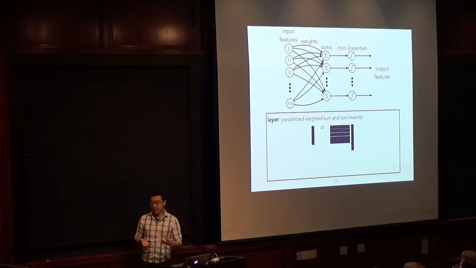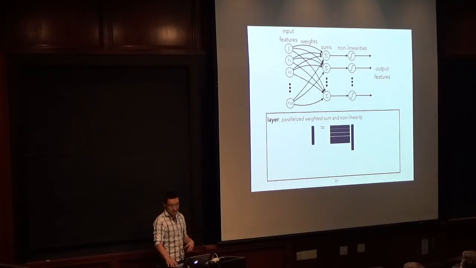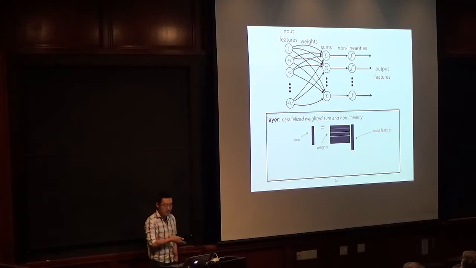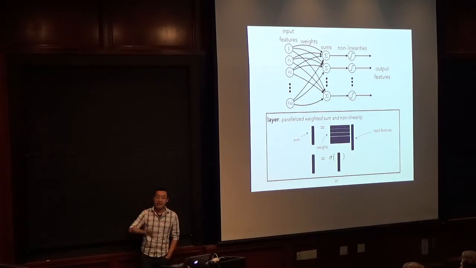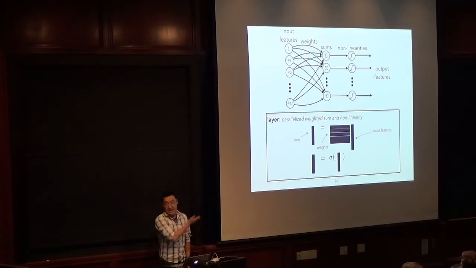In matrix vector multiplication form, we have this matrix of weights, and we multiply it by the input features to get a vector of the sums. We apply this nonlinearity element-wise to this vector of sums to get the outputs of this entire layer of neurons. And this is actually what gets implemented in GPUs, for example.